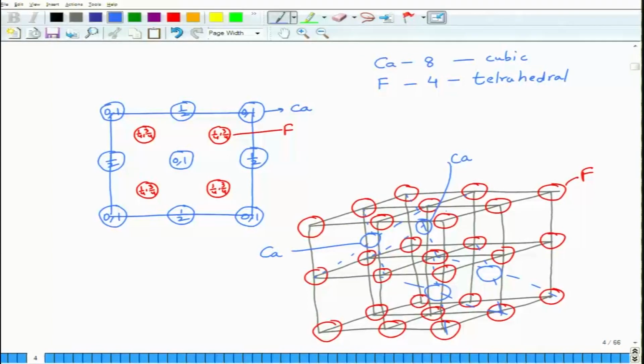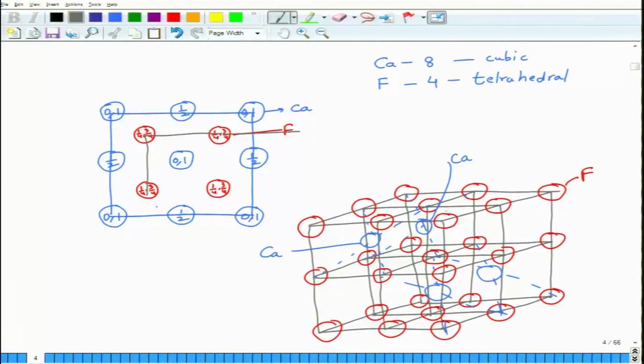So, this structure, you can see now what you can do is that if you take the plan view, now instead of keeping the lattice corner at calcium, you keep the lattice corner at this site. Let us say I keep the lattice corner at this site.